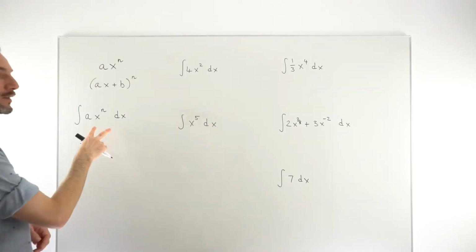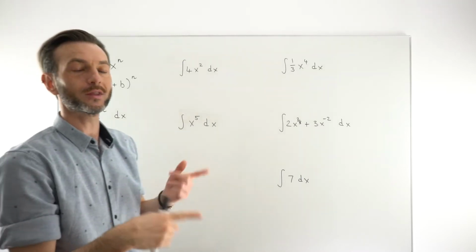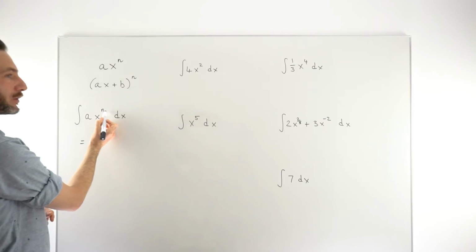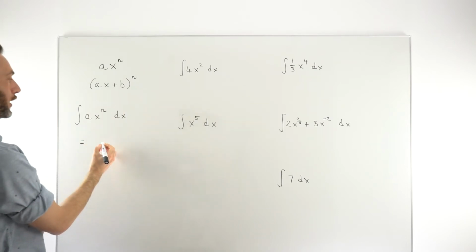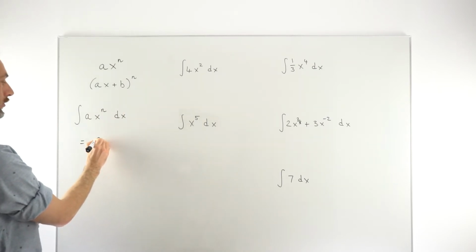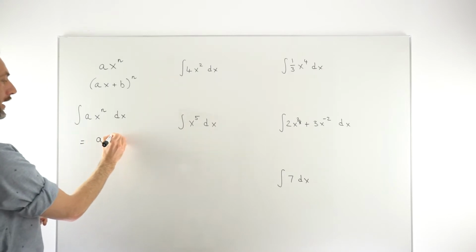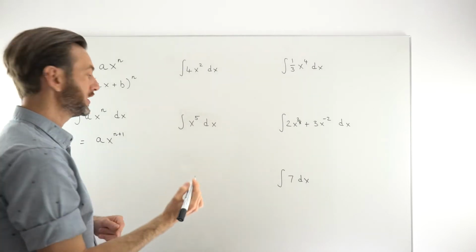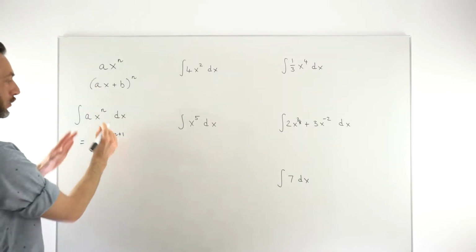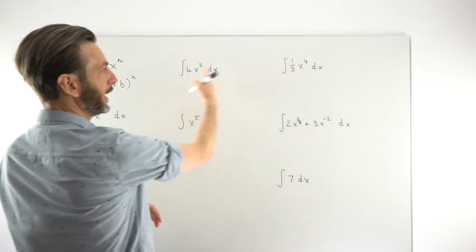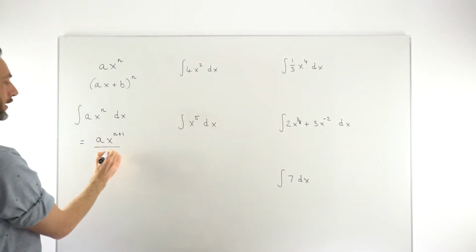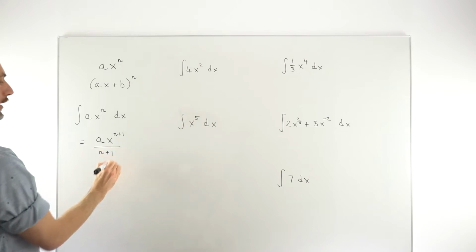For integration, it's both the opposite of those operations and the opposite order. So we increase the power by 1, first of all, and then we divide by the new power. So if you think about increasing the power by 1, then that goes up to n plus 1. Okay, so we've just increased that n power by 1. Of course, this is in general terms. We're going to look at actual examples in a moment. Increase the power by 1, and then you divide by that new power, which is n plus 1.